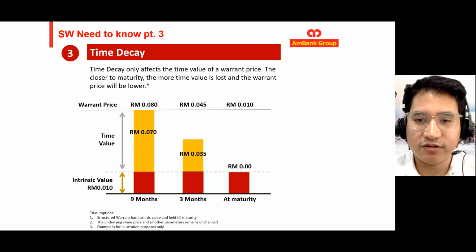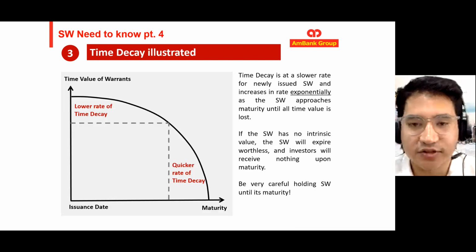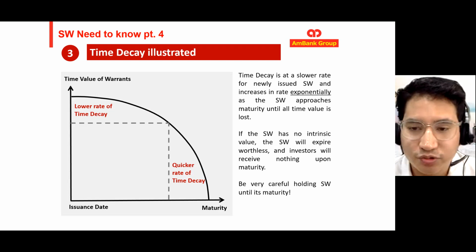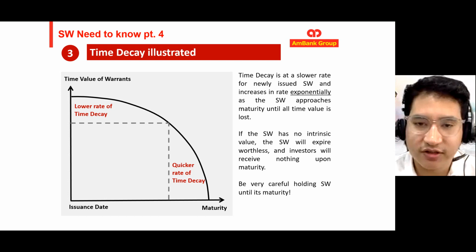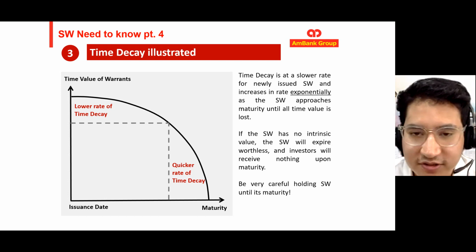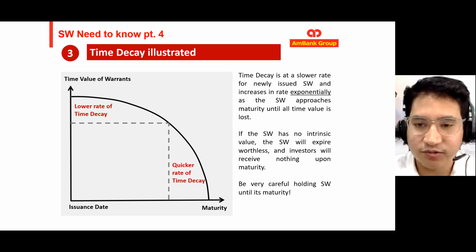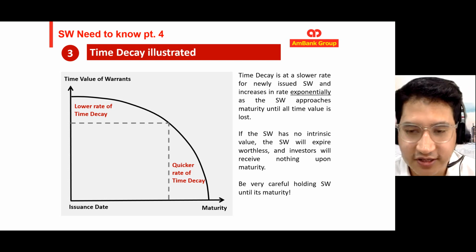So this is just how time decay is illustrated. It's at an increasing rate the closer it gets to maturity. Say this is the issuance date, and the time value is up here. It will slowly decrease a few months after the issuance, and then you will see that it will decrease at a fast rate the closer it gets to maturity.